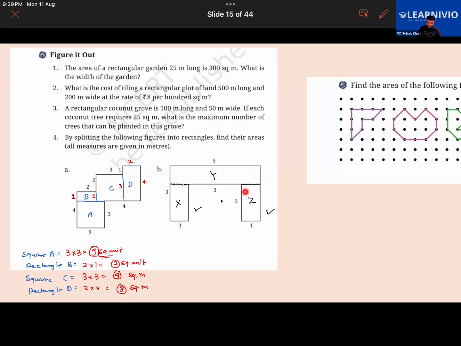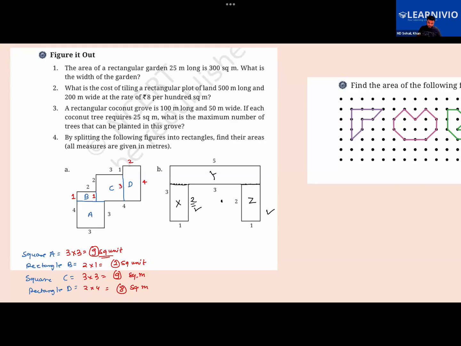Because if this much is going to be 2, so this much is also going to be 2. It's going to be 2 into 1. And this much is 1 now, because the entire length of this side here is 3. So thereby, the remaining one is going to be 1 now. Right, Khaja? Right, Habib? This one is also 1. And this one is given.